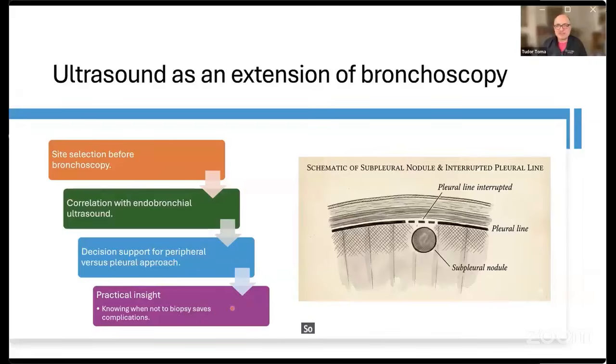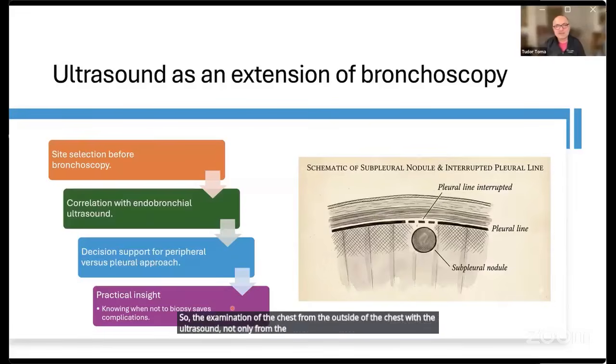So maybe it's my frustration which makes me stress a little bit the advantage of thoracic ultrasound. So the examination of the chest from the outside of the chest with the ultrasound, not only from the inside of the chest with the ultrasound.